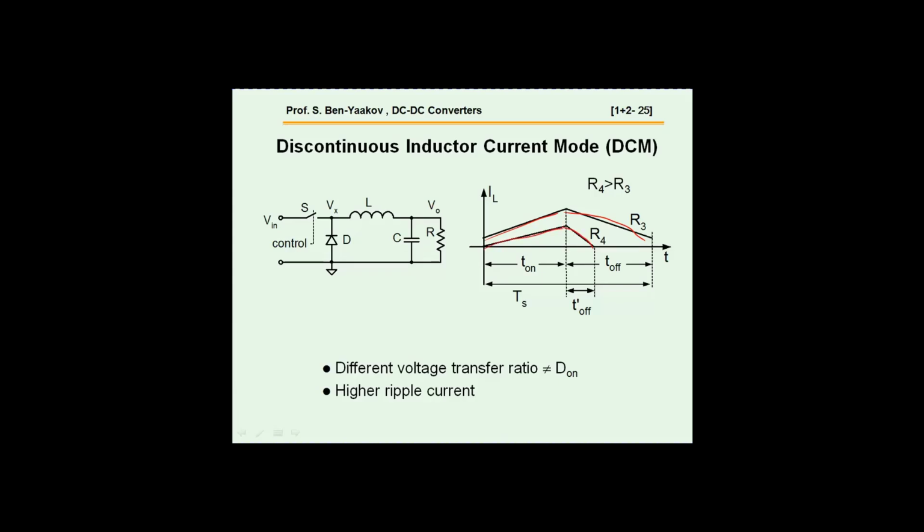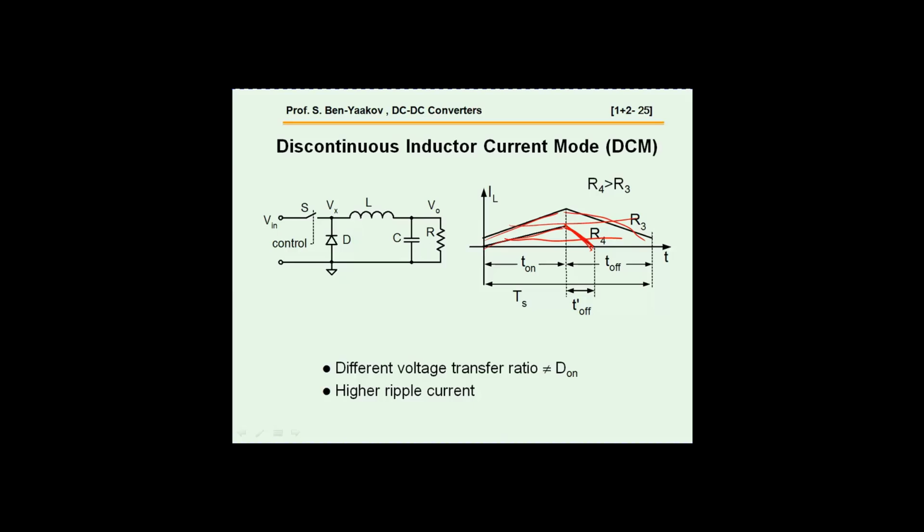That is, since the current is very small, this is just too much current. The only way that the system can cope with it is to chop this time here, and so this average current will be smaller.